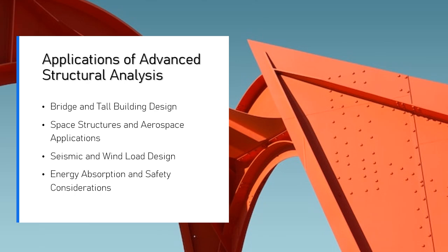Blast-resistant designs help protect buildings from explosive impacts by distributing the blast force and absorbing energy through inelastic deformation. The goal is to preserve structural integrity while minimizing injuries and damage. These systems are regularly tested through simulated blast events and structural impact analysis using advanced software like Abaqus and LS-DYNA.